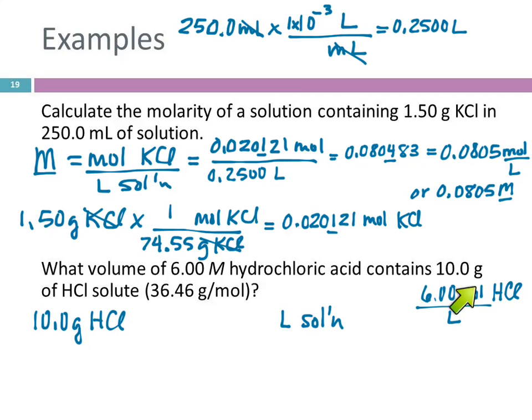We've got this guy over here, moles and liters, and we were given this guy, grams and moles. We could put them together, right? So we need to have 2 steps for this one. First, grams to moles of HCl, and then to liters of solution.